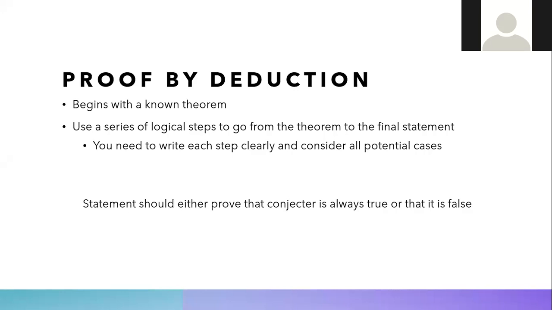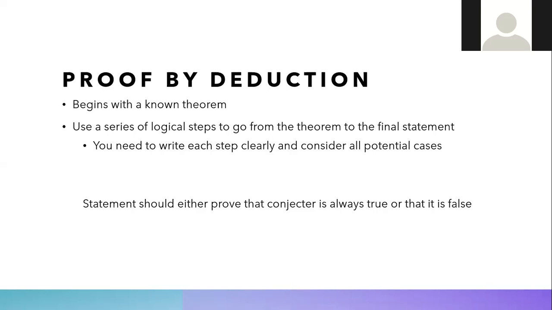What is really important is you need to write each step clearly and consider all potential cases. That's why all that notation I've gone through at the beginning is really important that you learn and know, because that takes part in writing your steps clearly. That is actually where most of your marks will come: writing all your steps down clearly, writing that notation down and considering all potential cases.